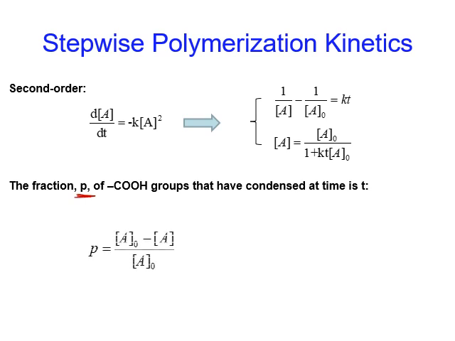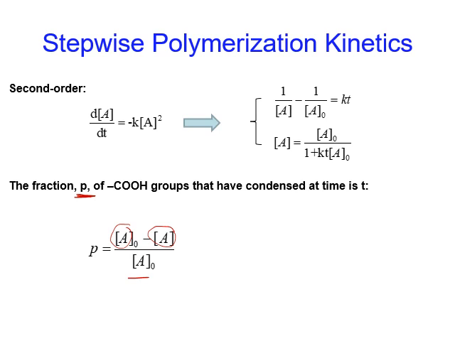So P is the initial concentration of functional group minus the functional group left, which gives you how much reacted divided by the initial concentration, so that's the fraction that is reacted or condensed.